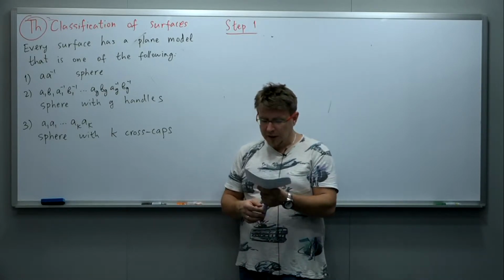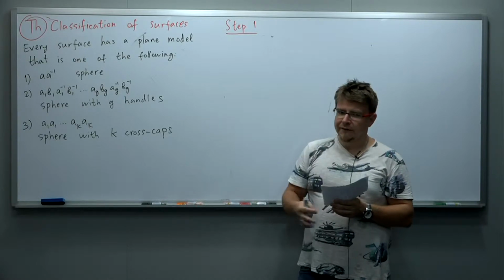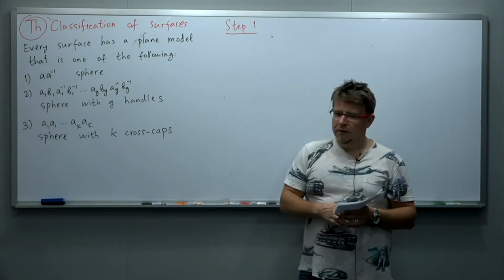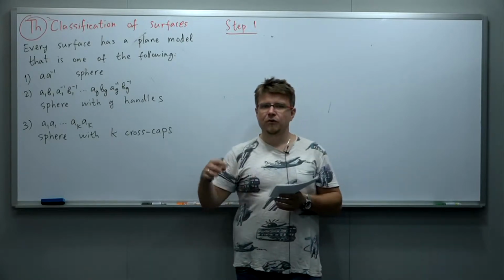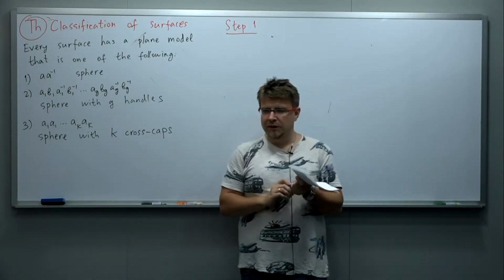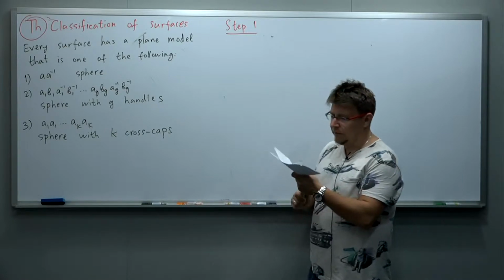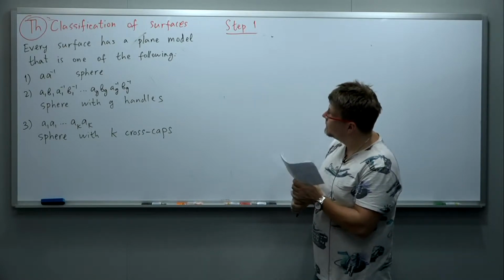Now, while I'm going to skip the main process of cutting the surface into triangles and assembling them back together, I just want to emphasize the fact that the same surface always has a lot of different plane models that represent it. So let me give you an example.